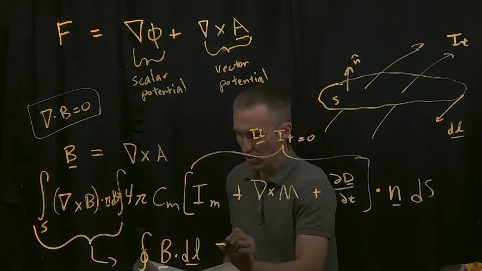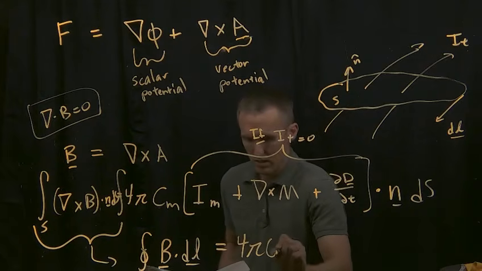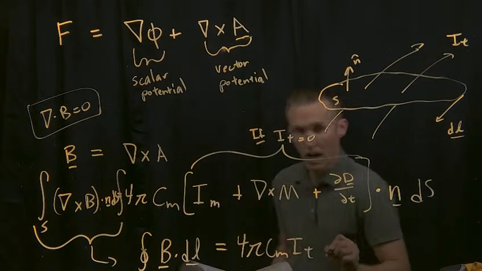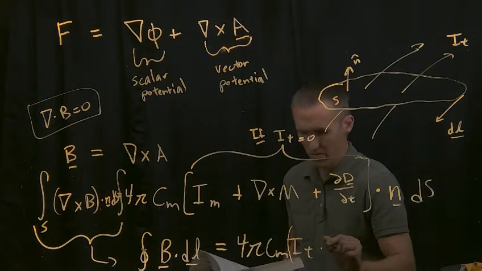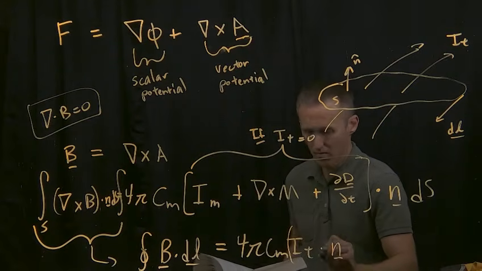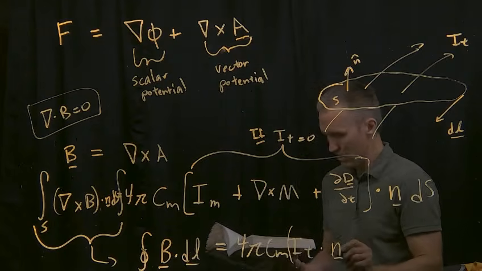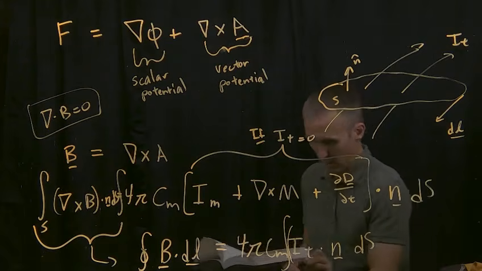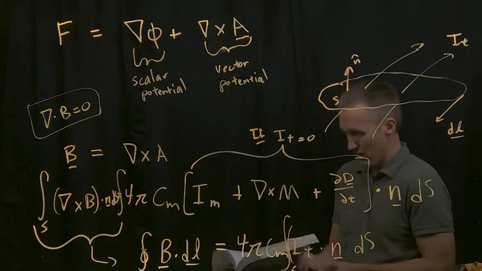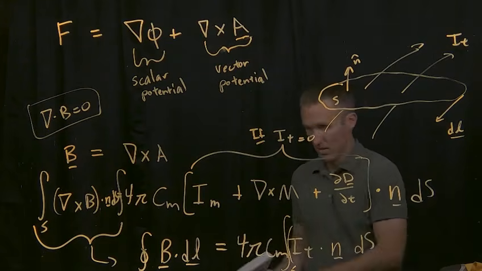And that's going to equal still this whole thing: 4 pi over c times the total currents, I_T dot n, and I need to integrate that over ds, again, over the surface.